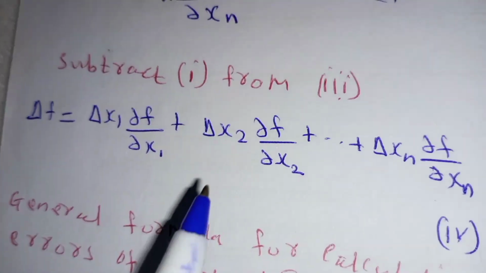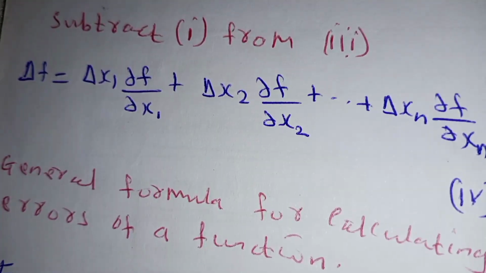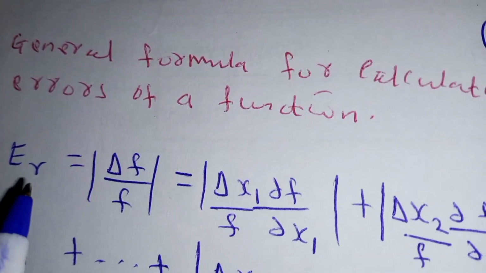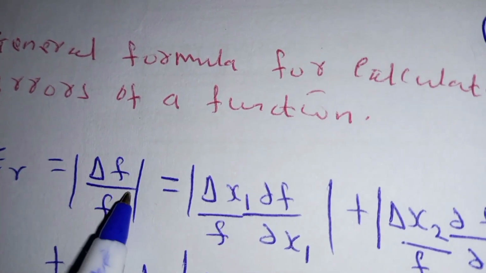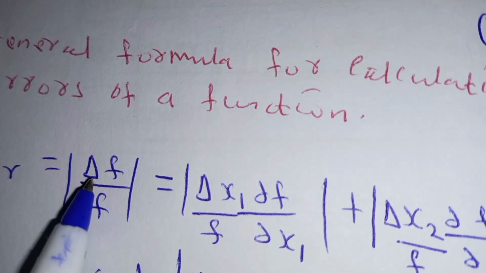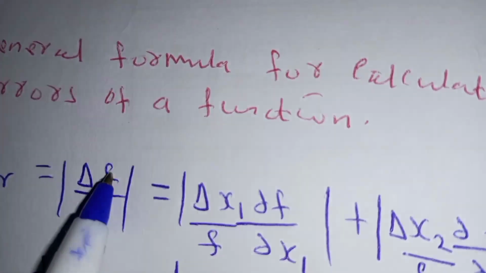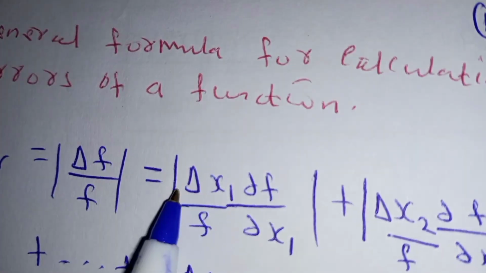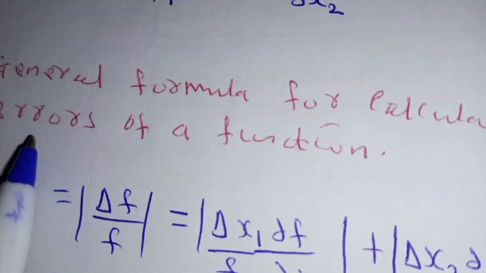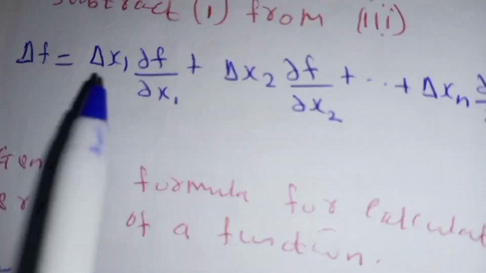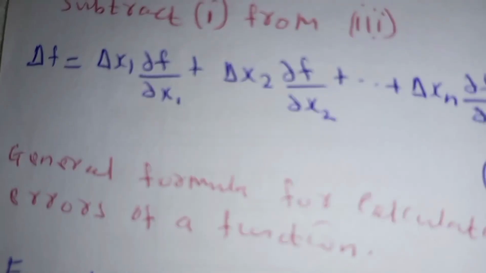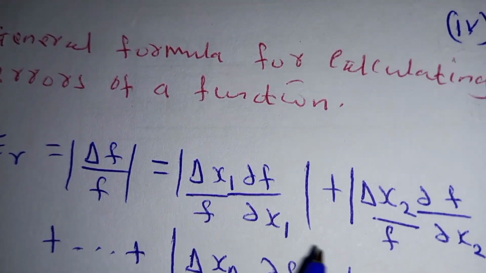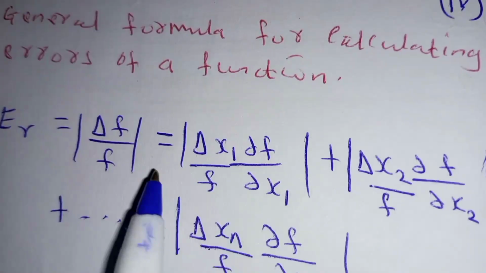So how do we now determine the relative error of a function? The relative error of a function can be obtained by dividing the error in the function by the actual function, whereby now when we redistribute the function in this equation, the result will be the required relative error as indicated here.